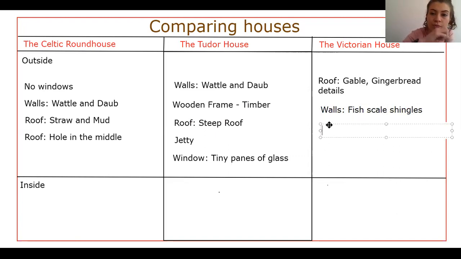What else? The walls, let me see here. Great. The windows. Here, many windows, and what they call the bay window. So this window is sticking out of the house. So we write here bay windows. What else can we find here?